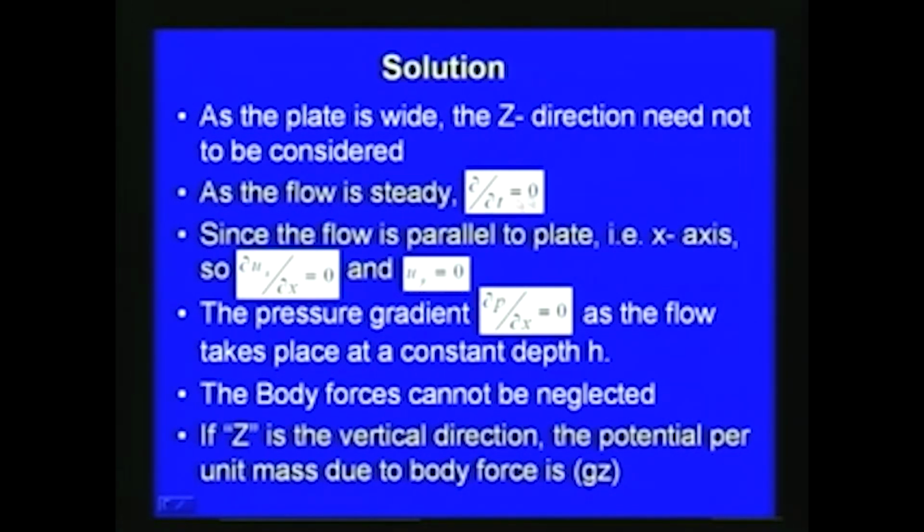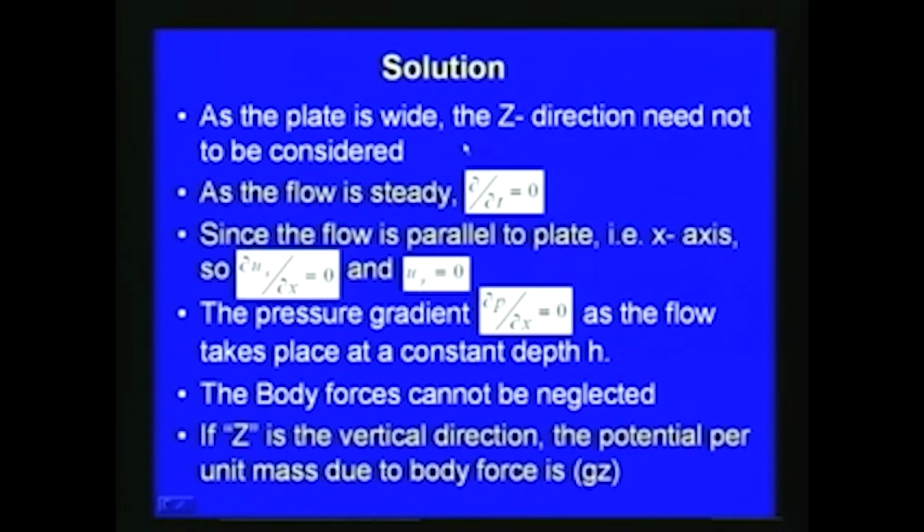The flow is steady, so the transient term becomes 0, and then we assume that the flow is parallel to the plate, that is the x axis, so we can write del u by del x is equal to 0, so that u is a function of y only. This is the third assumption, and then also the pressure gradient dp by dx is equal to 0 as the flow takes place at a constant depth h.